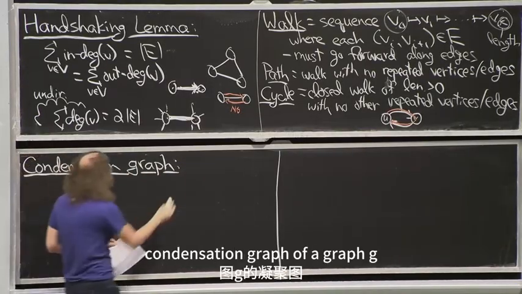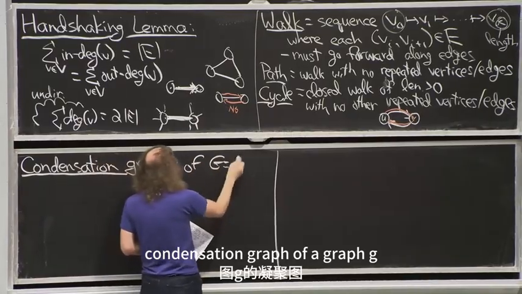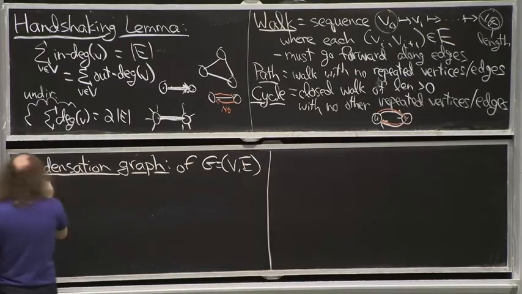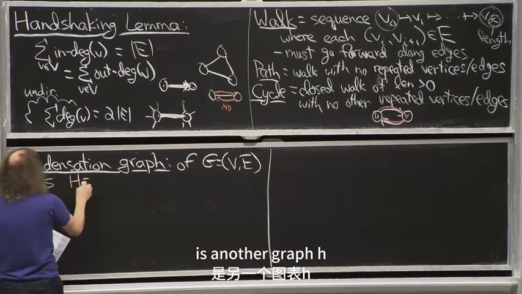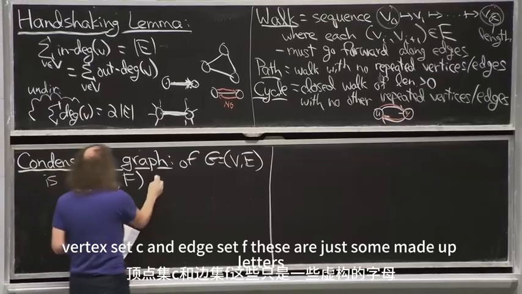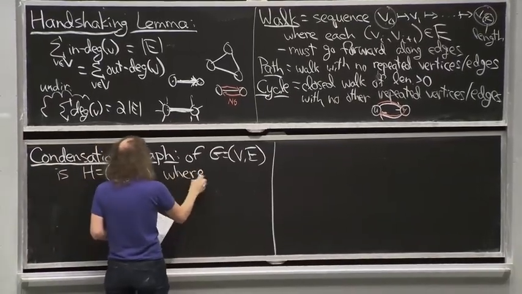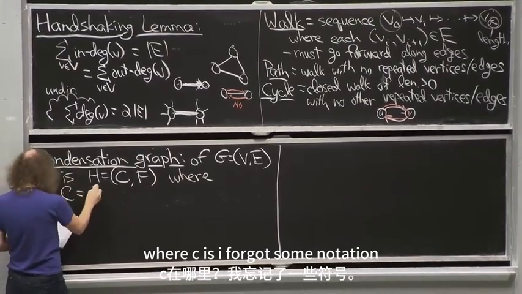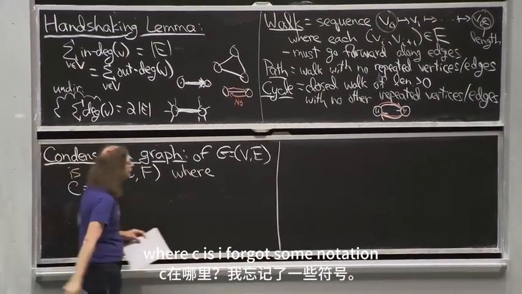The condensation graph of a graph G is another graph H, with vertex set C and edge set F. These are just some made-up letters, where C is, I forgot some notation.